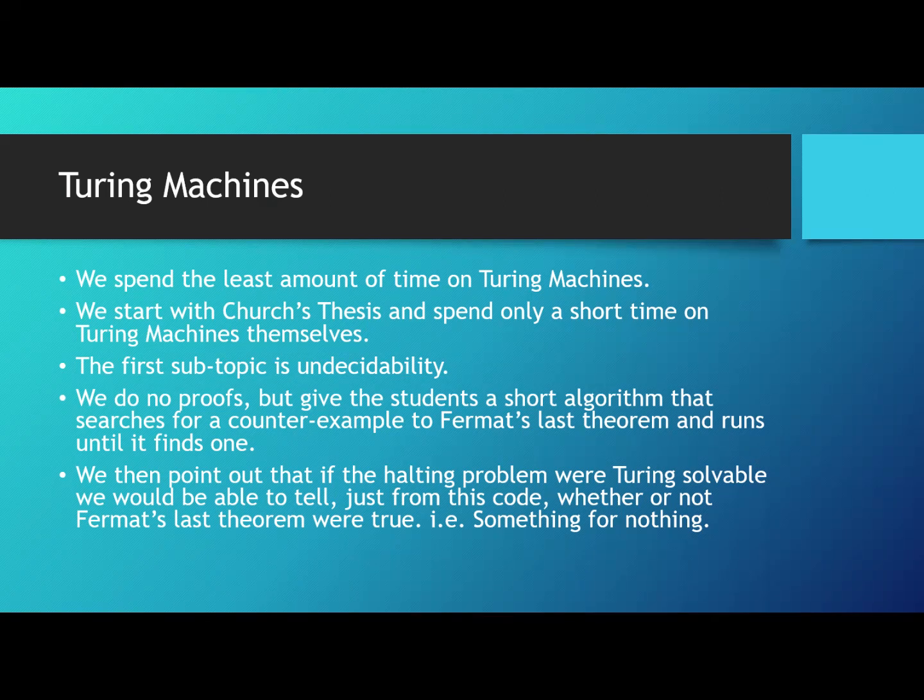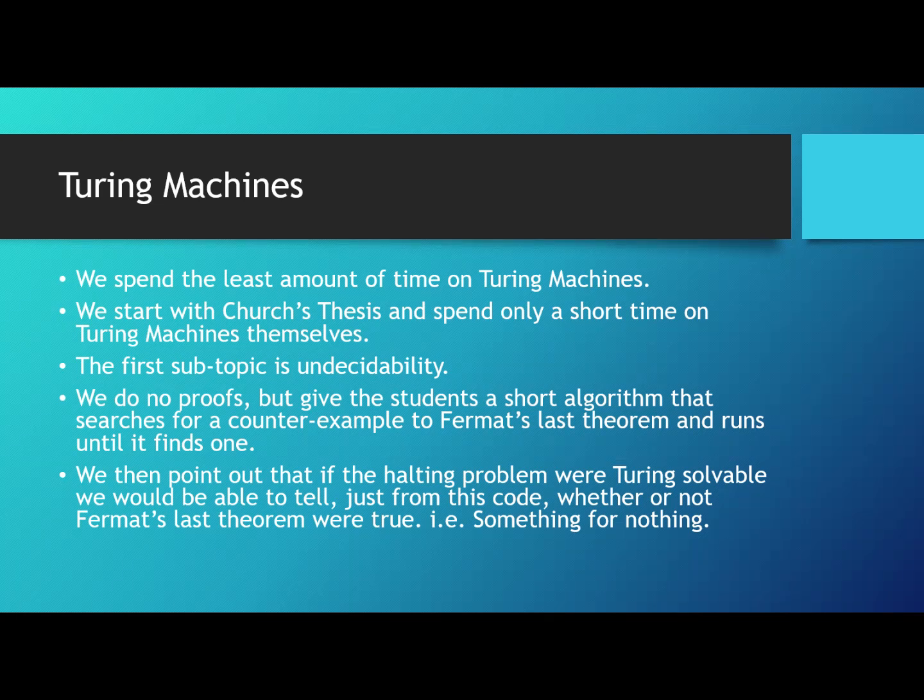We have some subtopics that we consider important here, and the first one is undecidability. We do no proofs, but give the students a short algorithm that searches for a counterexample to Fermat's last theorem, and will run until it finds one. It's just a set of nested loops with some trivial code in the middle of it.